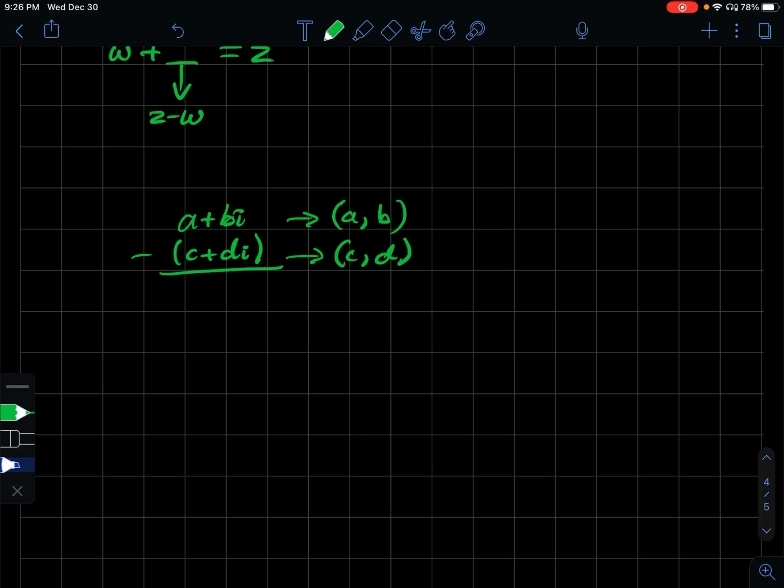The important thing to remember is if c or d is a negative number, you go up. So if we had 3 plus 4i, for example, and we subtract 1 minus 2i, you do 4, and you have to go negative 2 down, or 2 up.